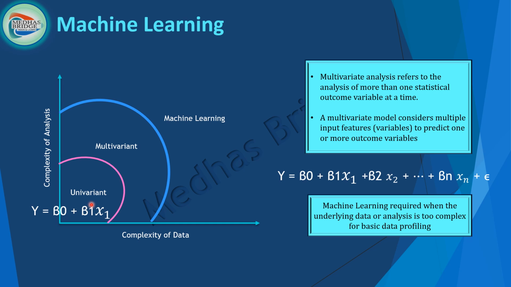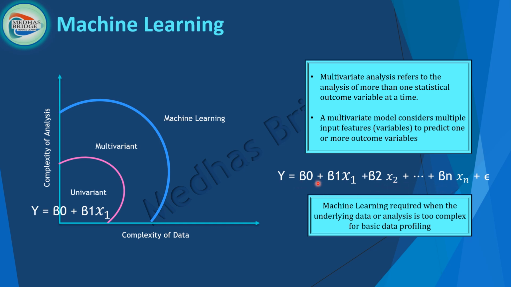But there are instances where you may have more than one independent variable, okay, and your y, your outcome, depends upon all these variables. Look at this as an example equation. Y equal to beta naught plus beta 1 x1, beta 2 x2, and beta n xn.